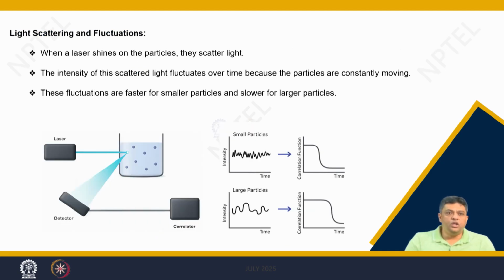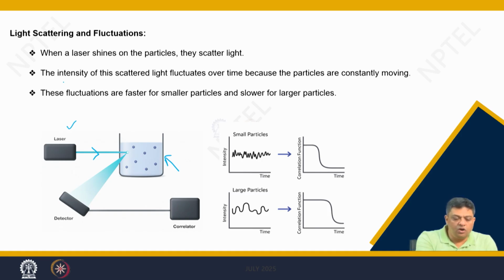Now, when you have a sample where these particles are dispersed in a liquid media, you have the incident laser. These lasers, when they hit the particles, they get scattered.